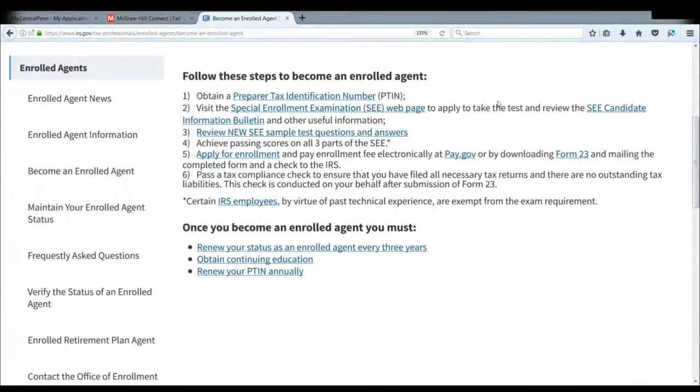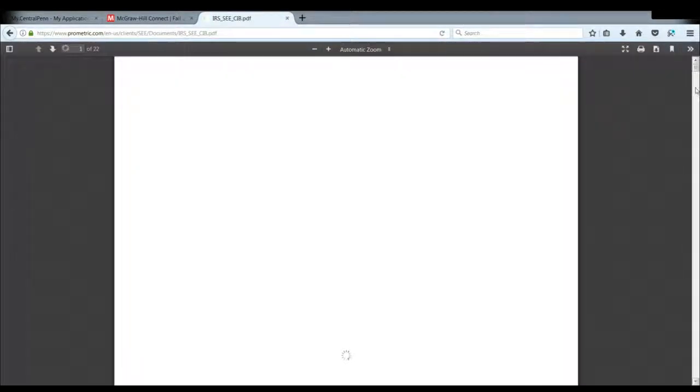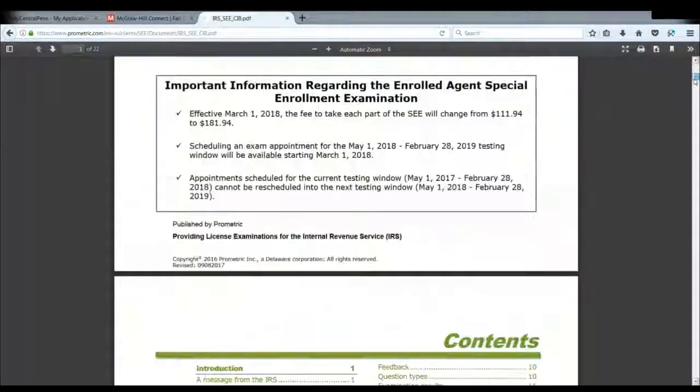So remember, I'll tell you, you apply for enrollment, and you have to renew your status every 3 years, stuff like that. Okay. See the candidate information bulletin. We're talking about the exam.